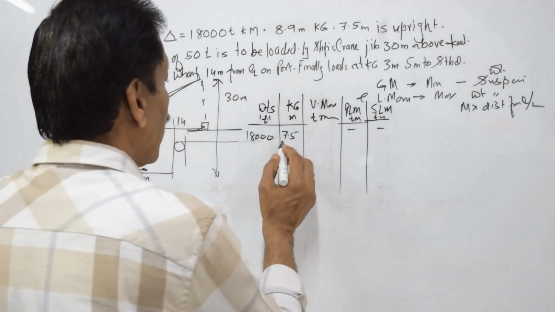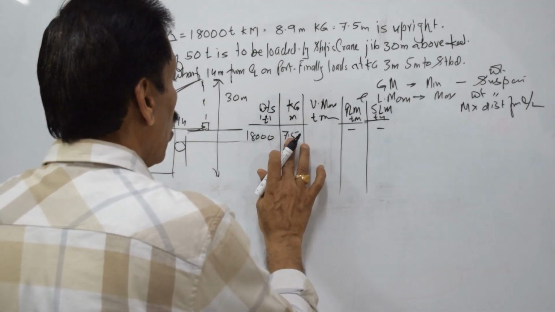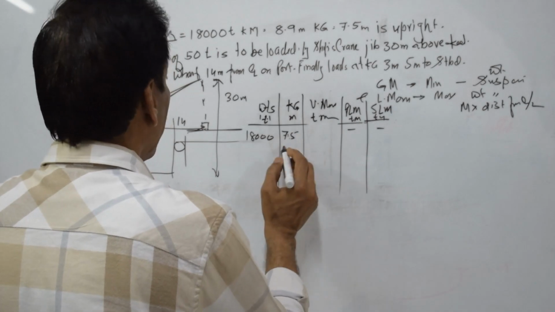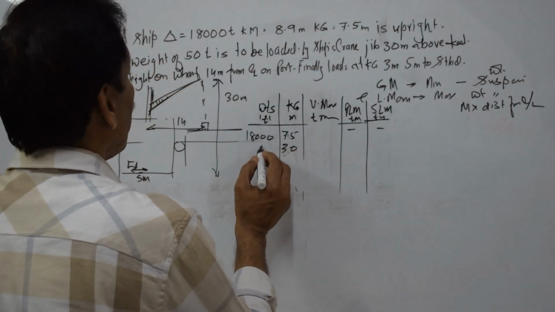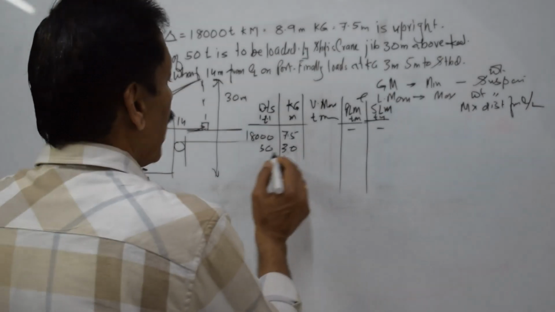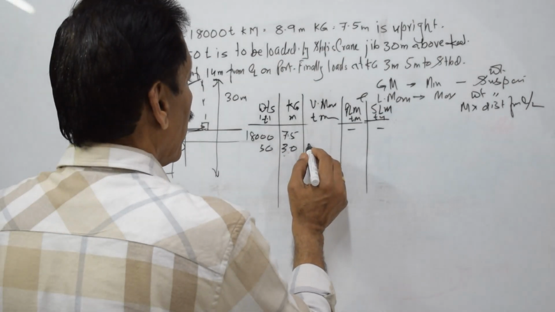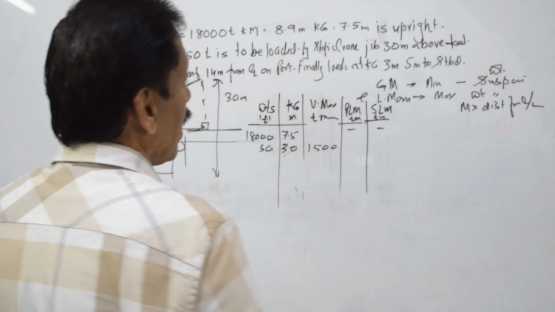So we say that it is as if the weight is loaded at a height of 30 meters above the keel. And how much is the weight? 50 tons. And this is going to increase the vertical moment by 1500 tons meter.